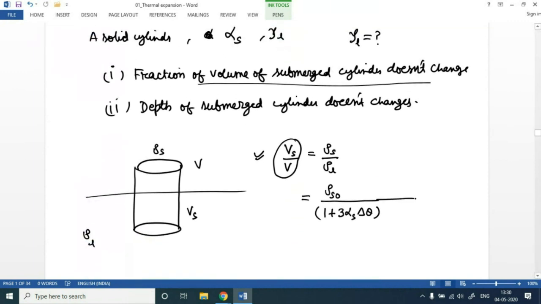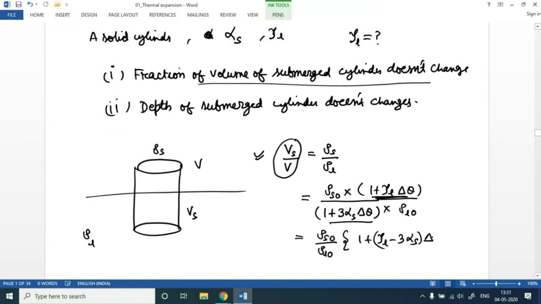And rho L we can write as rho L naught into 1 plus gamma L delta theta. Now it's time for us to use the approximation: take rho S naught by rho L naught apart, and combining the remaining quantities gives us 1 plus gamma L minus 3 alpha S into delta theta.